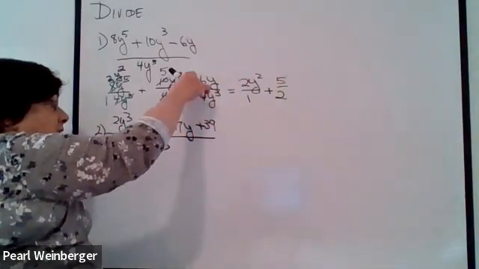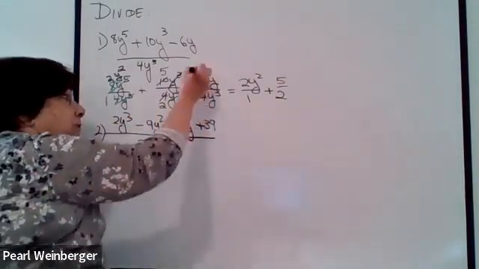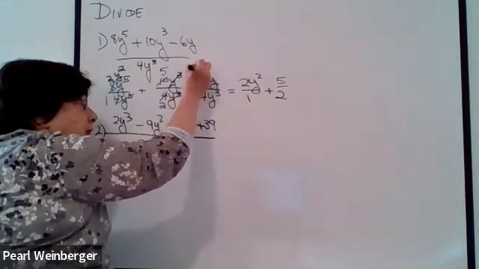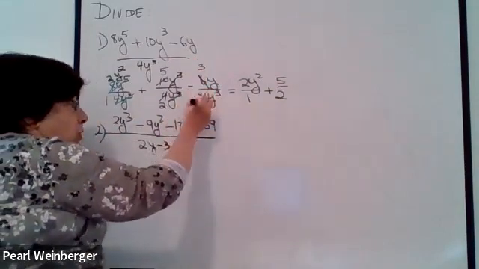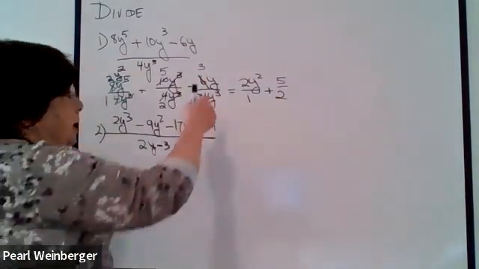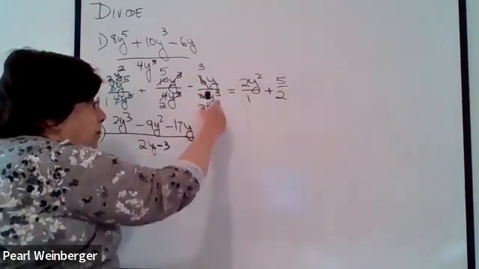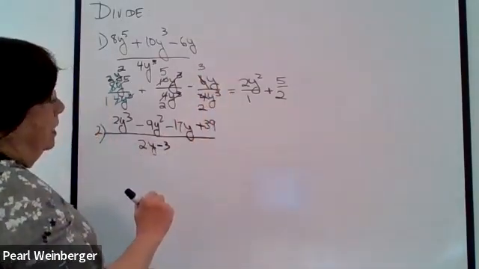Now we're going to our last fraction. So we have a 6 on top and a 4 on the bottom. So we can divide both of those by 2, which will give me 3 on the top and 2 on the bottom, because dividing by 2. And here I see I have a y, which is a y to the 1 on top and a y cubed on the bottom.